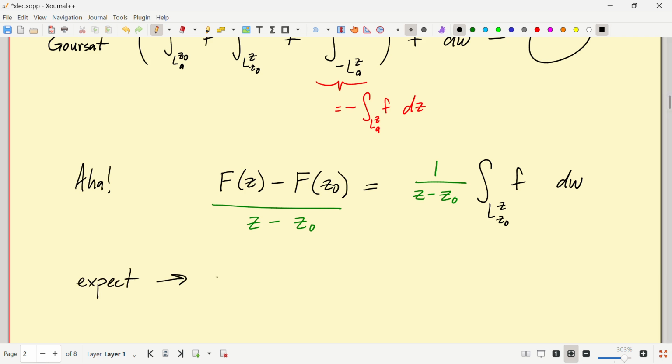So that's kind of a remark. Okay, well, can I make f of z naught look like that thing on the right? And so here's a little baby fact.